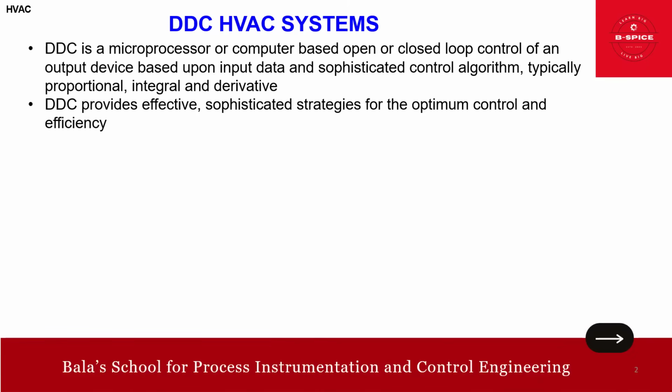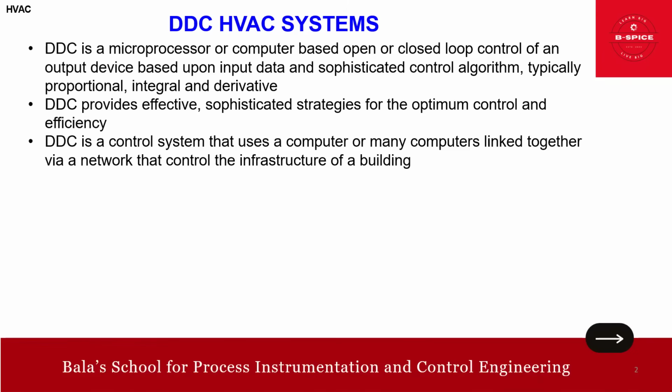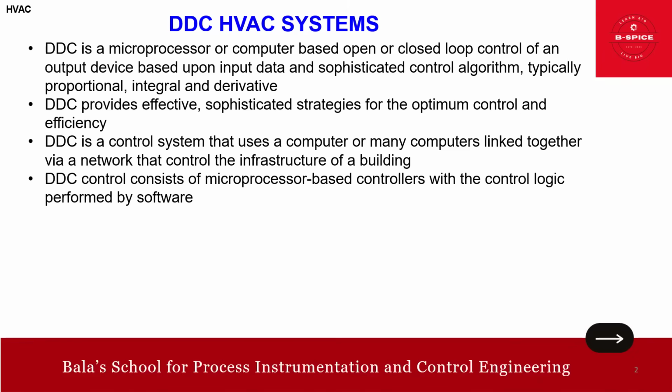In simplest terms, friends, it is basically a control system. DDC is a control system that uses memory, that uses a computer or many computers linked together via network that control the infrastructure of a building. So it basically consists of microprocessor-based controllers with the control logic performed by the software.